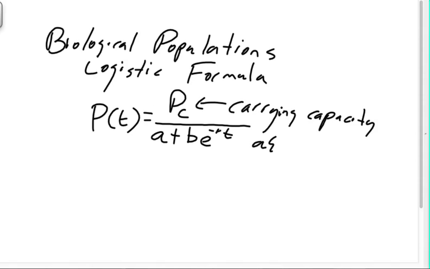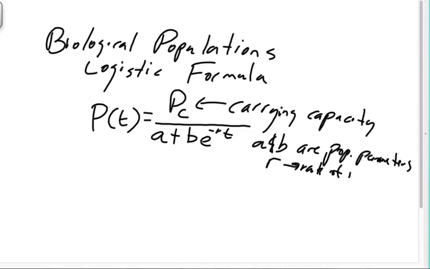A and B are population parameters, and R is your rate of increase if it's positive, or decrease if it's negative.